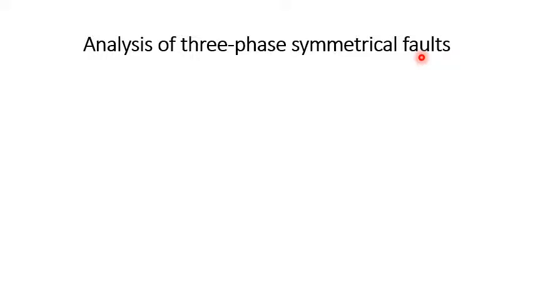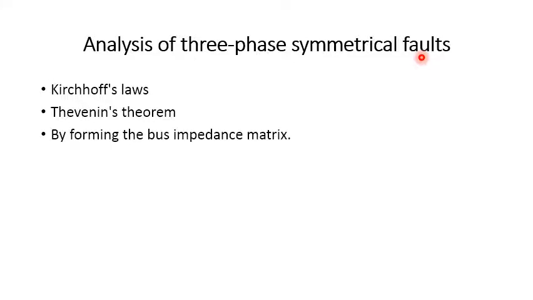Once the per unit reactance diagram of the system is formed for the particular state, there are the three states, subtransient, transient and steady state of the fault condition, the currents and voltages in various parts of the system can be determined by using methods such as Kirchhoff's laws, Thevenin's theorem, and by forming the bus impedance matrix.